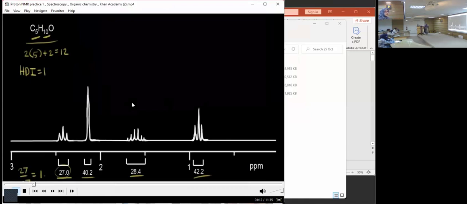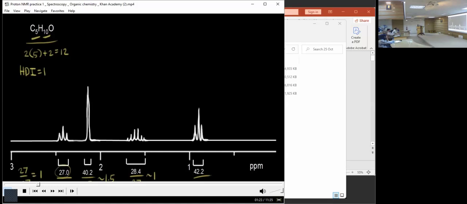Now we don't do integration of the molecule in this way, as you already have seen while practicing the NMR sample running. You have seen that we usually make an intelligent guess based on the compound that we are going to run, and after that we integrate that molecule. 40.2 divided by 27 is pretty close to 1.5. 28.4 divided by 27, that's pretty close to 1.